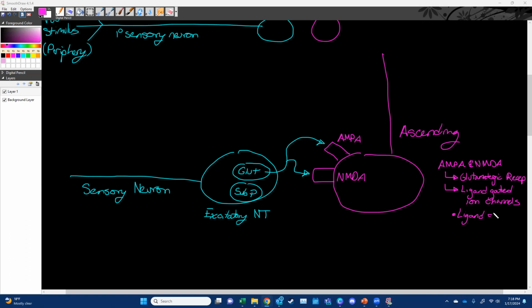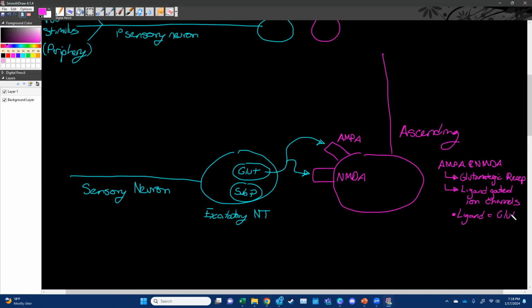Yeah, very nice. It's glutamate, right? And then what is the ion? What is going to be the ion that is going to stimulate more and more neuronal activity?